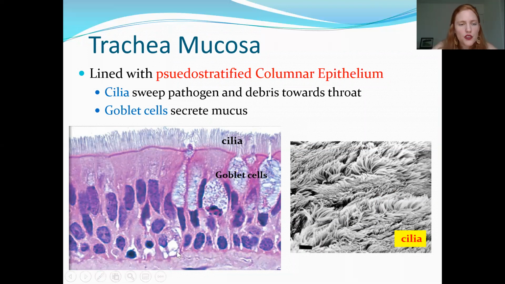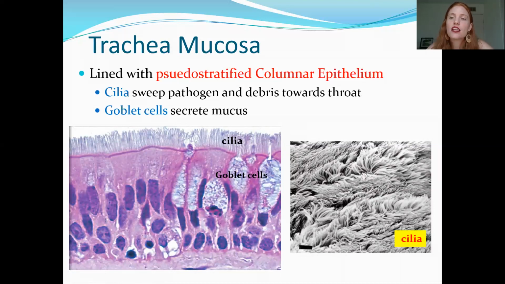So if you're looking at this picture here, above all of this is the pseudostratified columnar epithelium. Pseudo as in fake, so it looks like it's stratified. It looks like there's multiple layers of nuclei. See all the nuclei here, but they don't actually form even rows, right? So we can't really find where the different rows of the nuclei are.